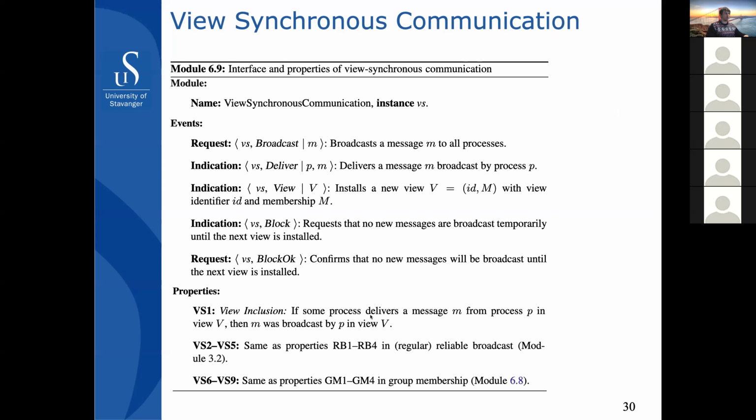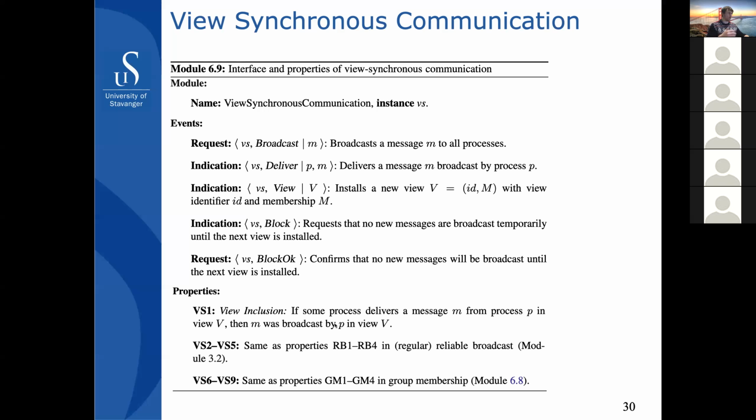If some process delivers a message M from process P in view V, then M was broadcast by P in view V. So here it's talking about the view for the view synchronous communication, not the view for the group membership.